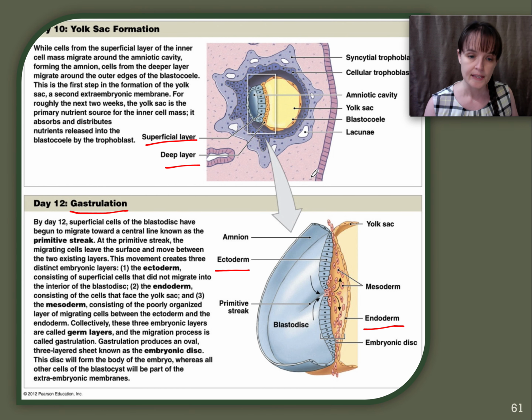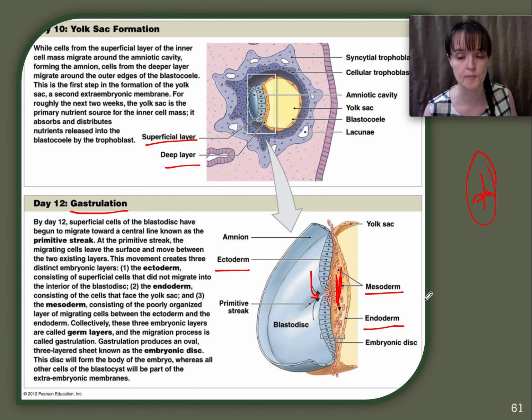So the ectoderm down the middle, here's the oval, down the middle of the oval folds in. Kind of like a coffee bean. Folds in, except not round. Yeah, not like a coffee bean. Folds in and forms a 3rd middle layer of cells. And the middle layer of cells is the mesoderm.